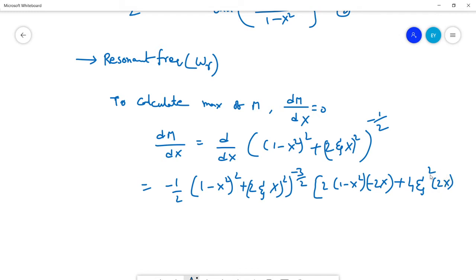So this is the expression, this is equal to 0.